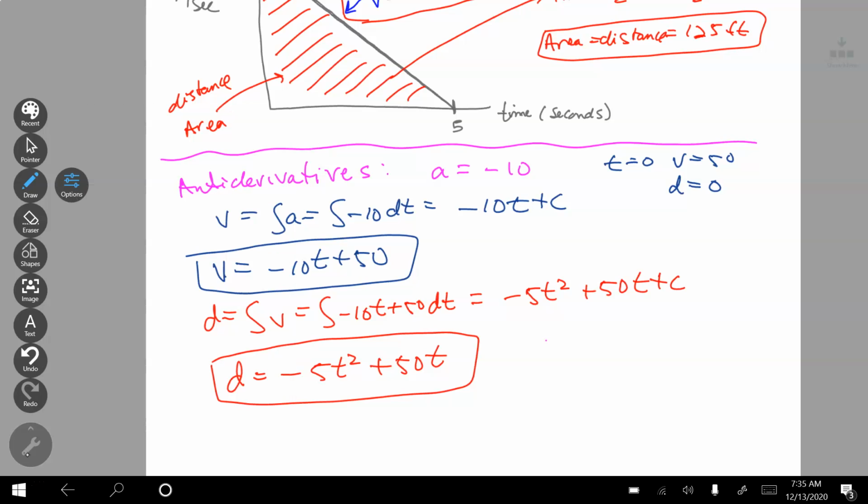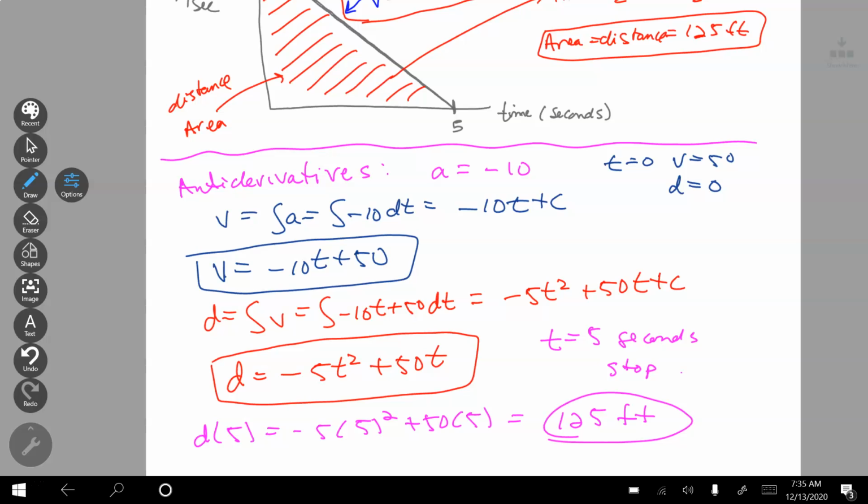And I know it takes t equals 5 seconds for it to stop. So d of 5 is equal to negative 5 times 5 squared plus 50 times 5. I get my distance as 125 feet, which is exactly the same as what I had before. Okay, this was using the antiderivative.